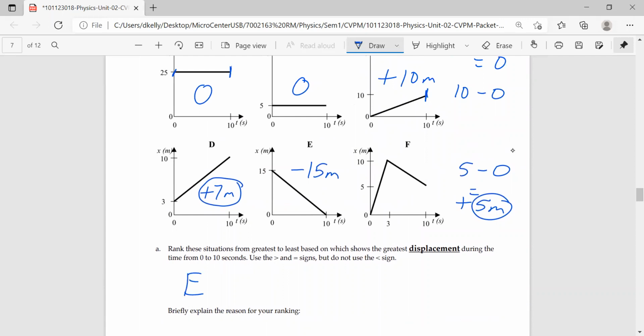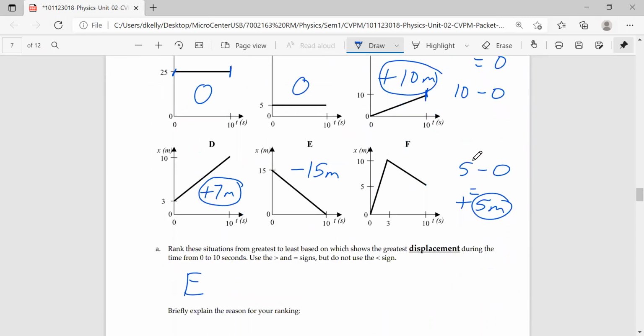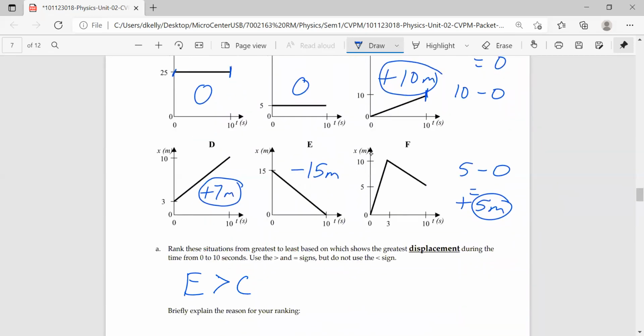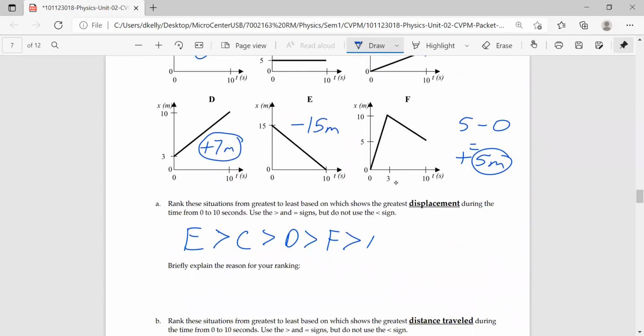E here is going to be greater than C. It's the next one up. So the magnitude, really, E greater than C, which is greater than D. And D is greater than F. And F is greater than both A, which equals B. Okay, so it's going to look like that.